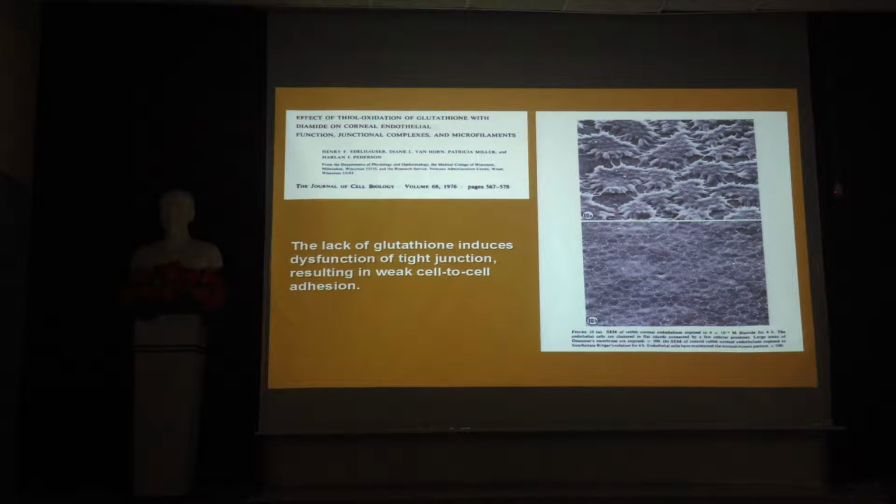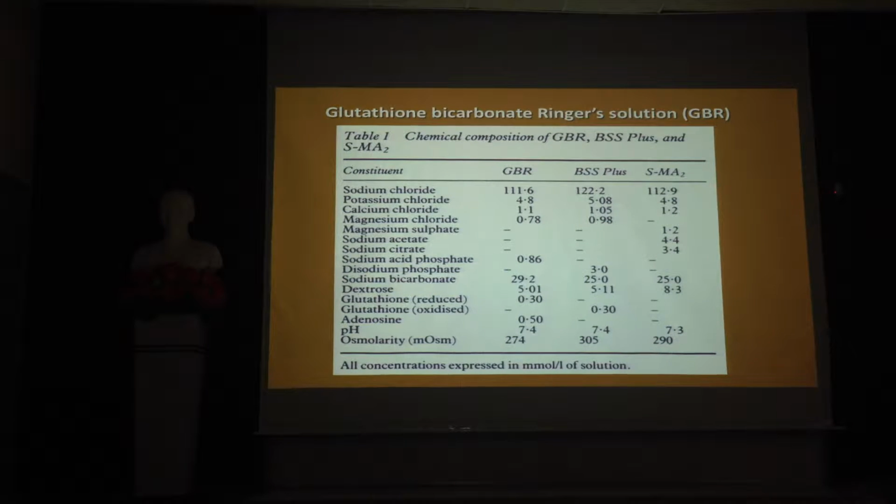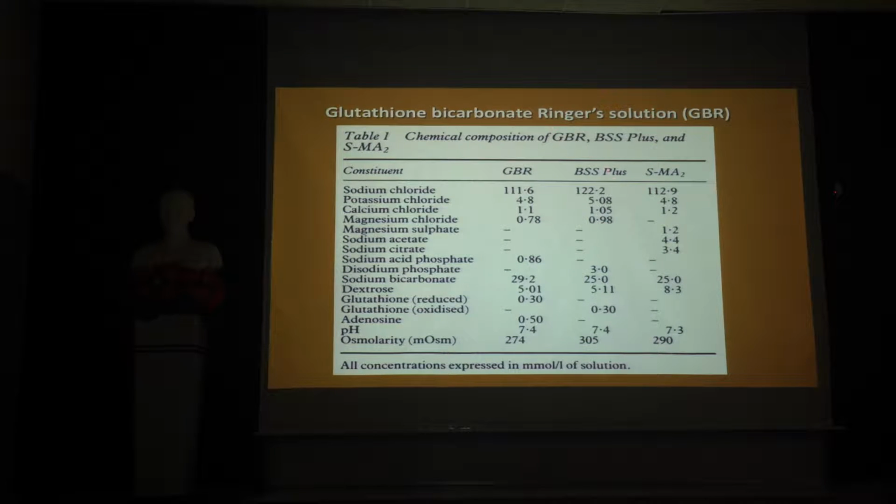This is a very famous paper written by Edelhauser. The lack of glutathione induces dysfunction of the tight junction, resulting in weak cell-to-cell adhesion. This is without glutathione. This is with glutathione. So that's the reason why we use BSS Plus.